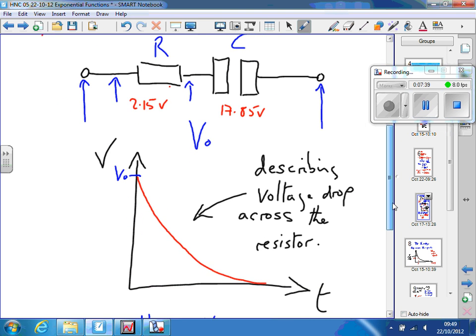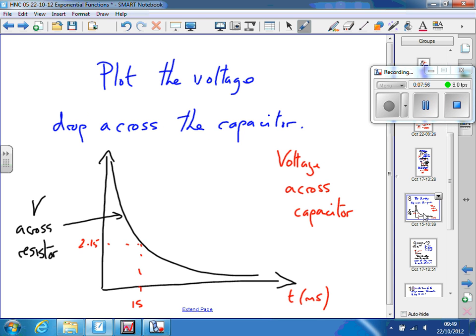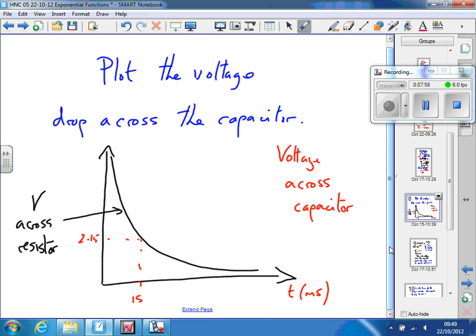So at time 0, what's the voltage across the resistor? 20 volts, and that drops, doesn't it? What's the voltage across the capacitor at time 0? 0. So if I plot a graph of the voltage across the capacitor, it's going to start at 0 and it's going to go like that, isn't it?